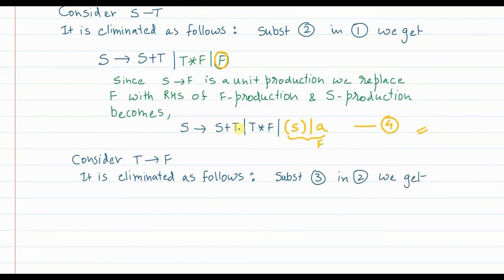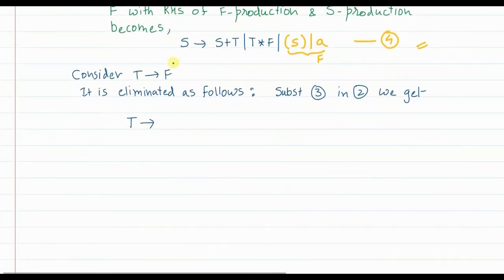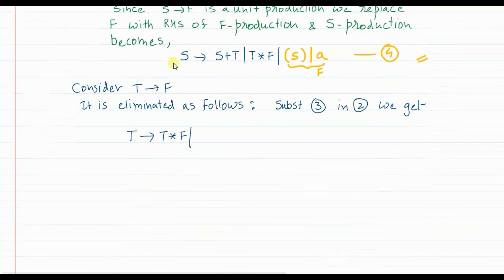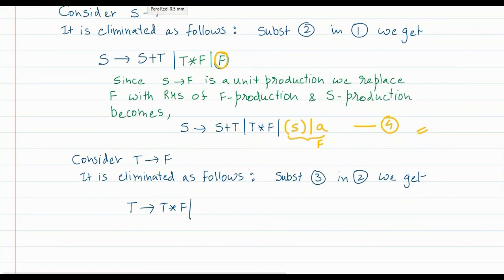how can we write T production? T gives the first term, T into F, will be written as it is, or, now the second term was a single F. So this single F will be replaced with the right hand side of F production, so it is bracket S, close the bracket, slash A. This is the F term.